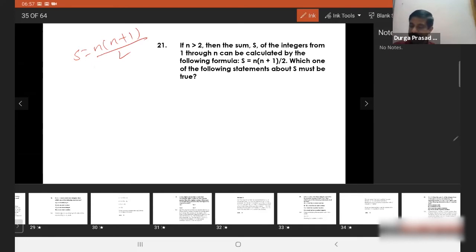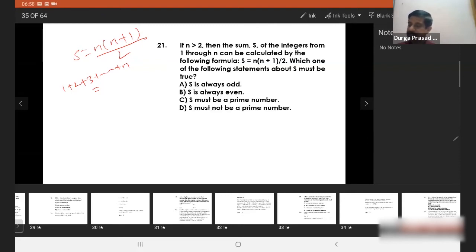So this is nothing but 1 plus 2 plus 3 and so on up to n. Which one of the following statements about S must be true?